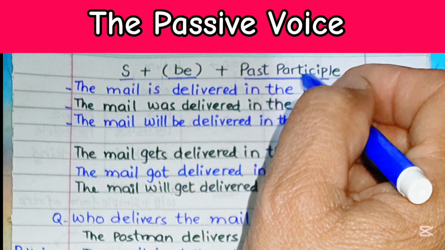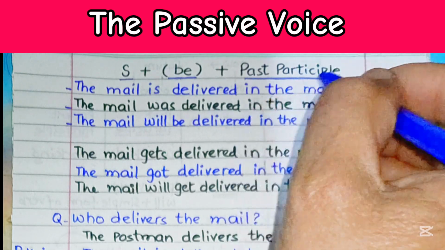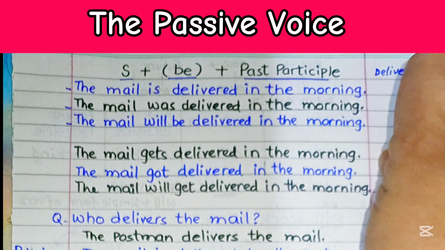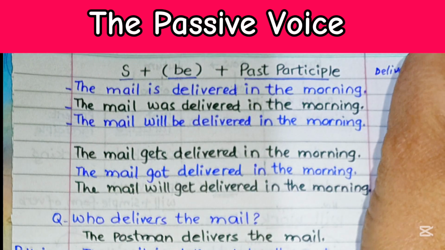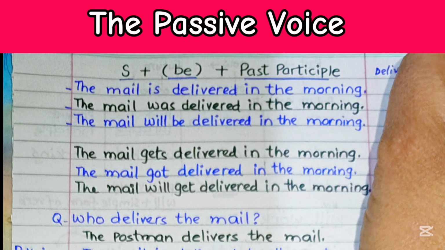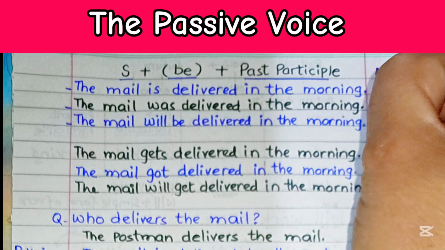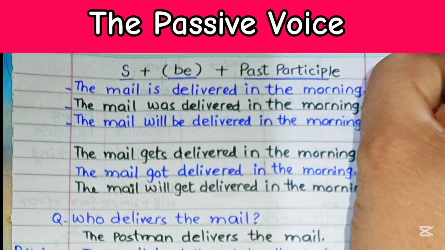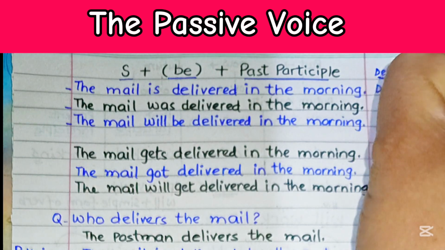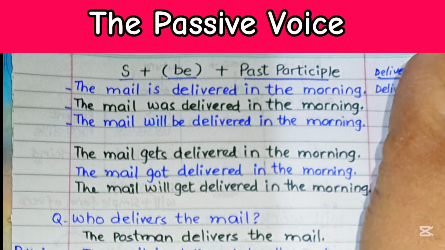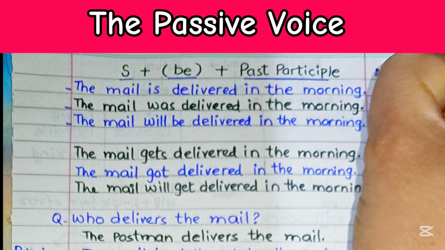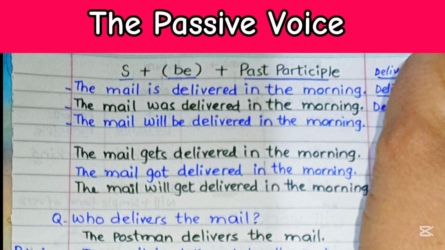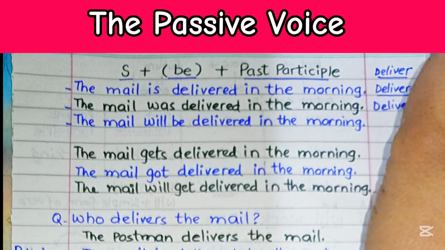If we take the verb deliver, which is a regular verb, this is the simple form of the verb deliver, and the past form of the verb deliver is delivered, and the past participle is also delivered.